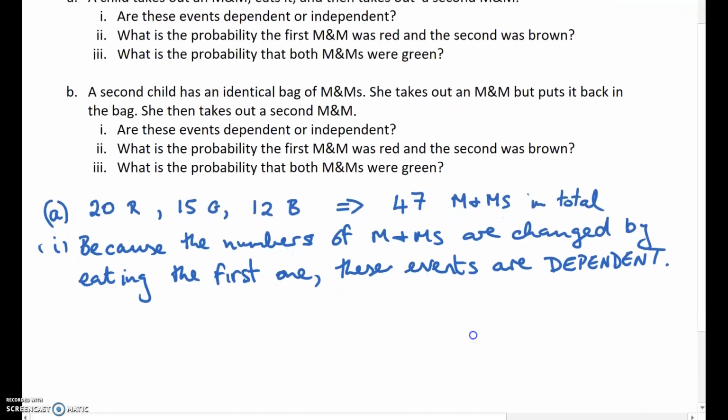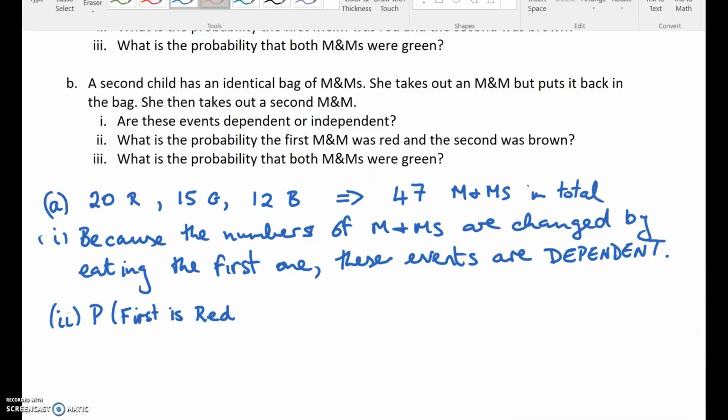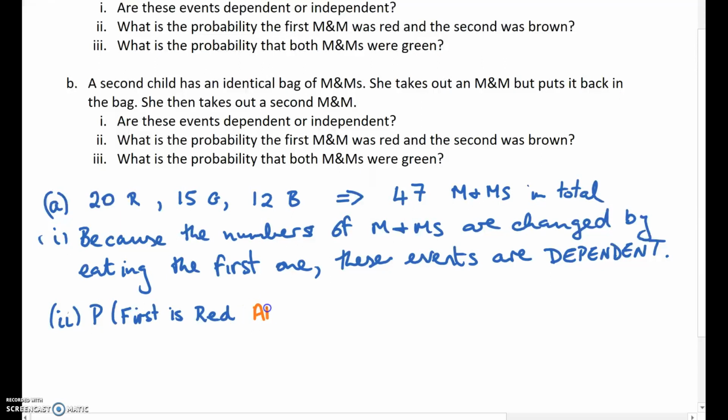Okay. So the next question then is, what's the probability that the first is red and the second is brown?